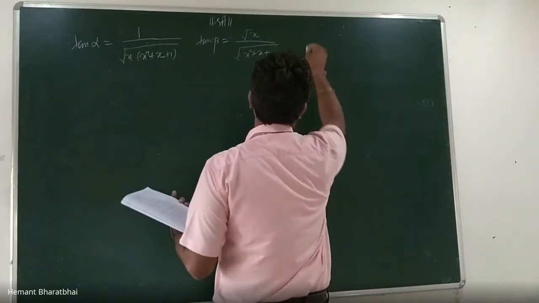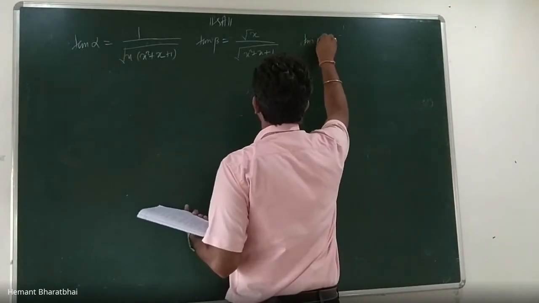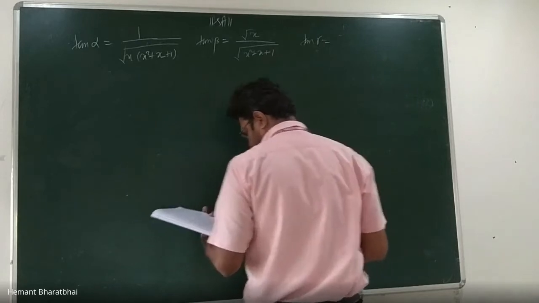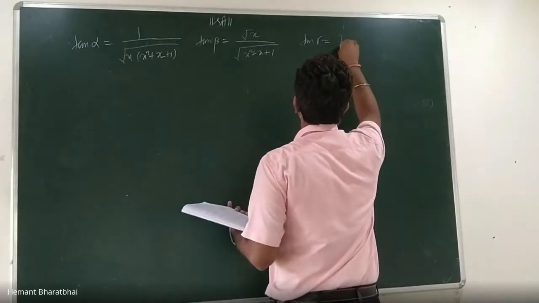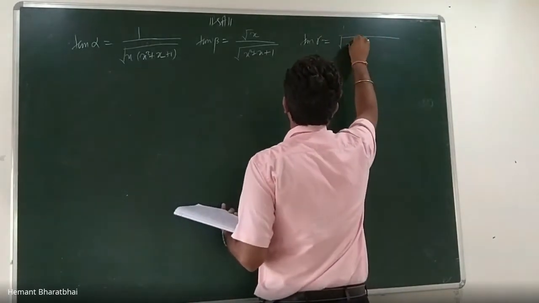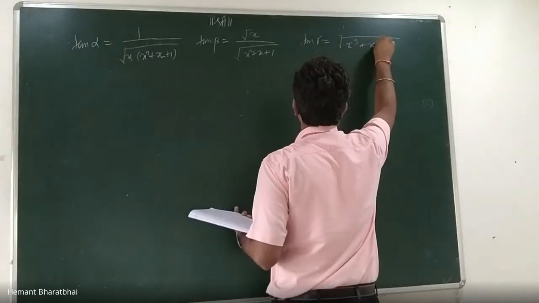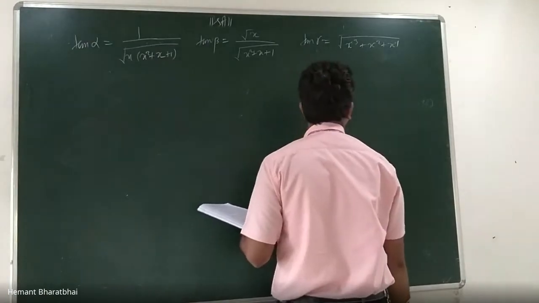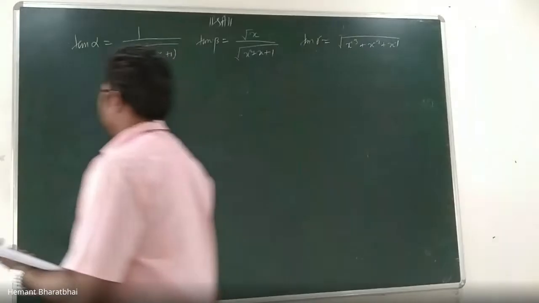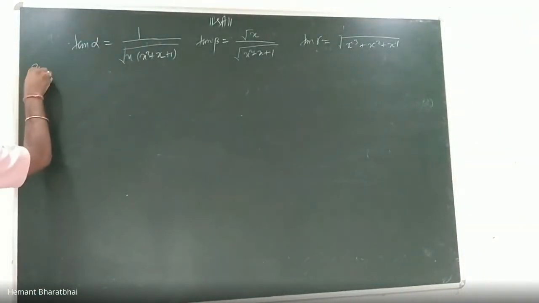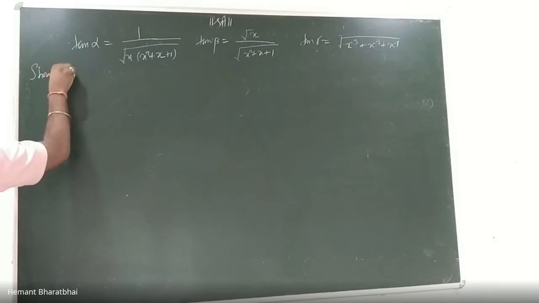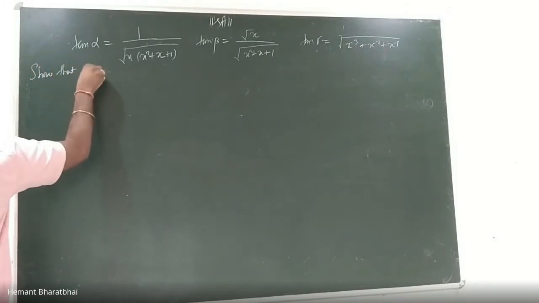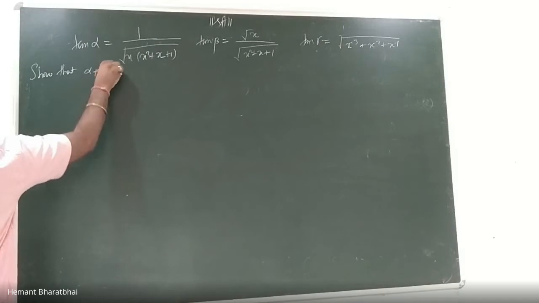And tan of gamma is equal to under root of x raised to minus 3 plus x raised to minus 2 plus x raised to minus 1. And I have to show that alpha plus beta is equal to gamma.